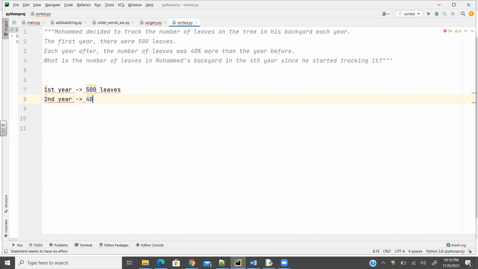From the question, we see that it is 40%. That's 40 over 100, which I'm just going to call 0.4, because 40 divided by 100 gives us 0.4. So the increase was 0.4 of what? Of the previous year's number.